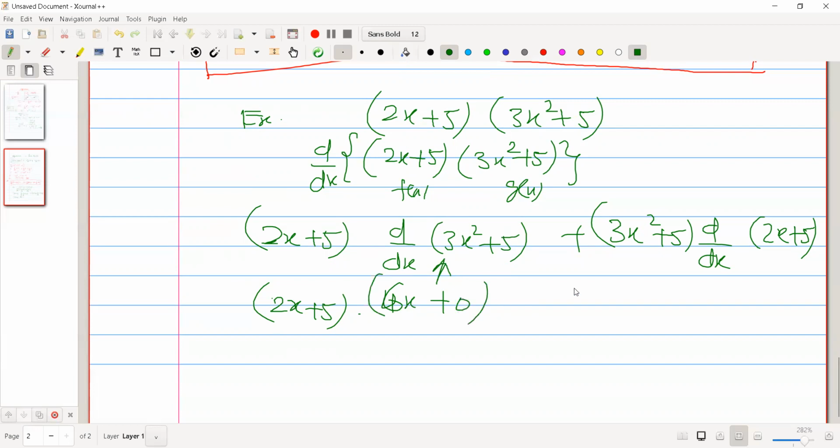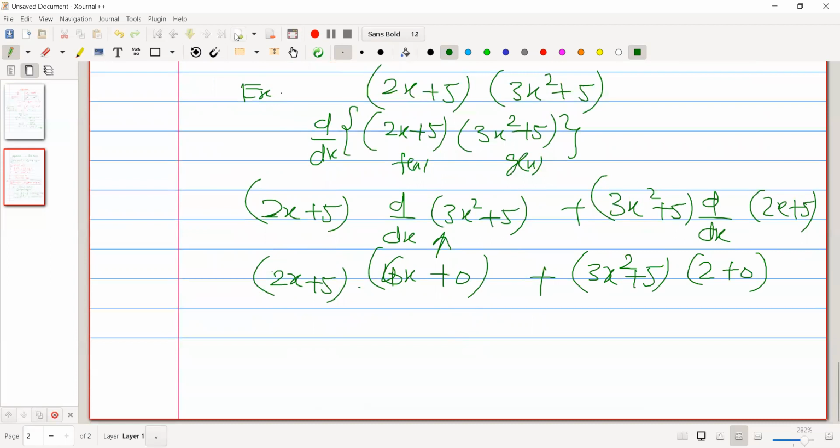Okay, plus (3x square plus 5) into the derivative of 2x plus 5, so the derivative of 2x is 2 plus 0. If you still have a doubt, you can comment, and later we will discuss it in the next session. Hope you got this.